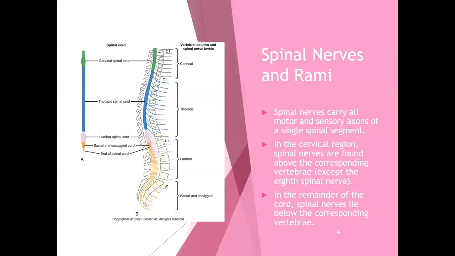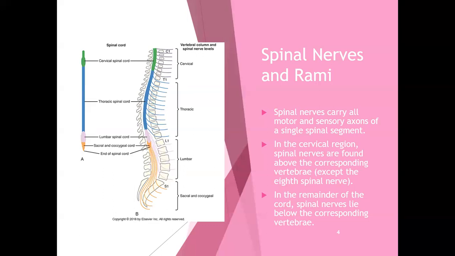There are also other sulci where the nerve roots emerge from the cord bilaterally on the anterolateral side of the cord, and the posterior cord has posterolateral sulci, and that's where the nerve rootlets enter the cord.